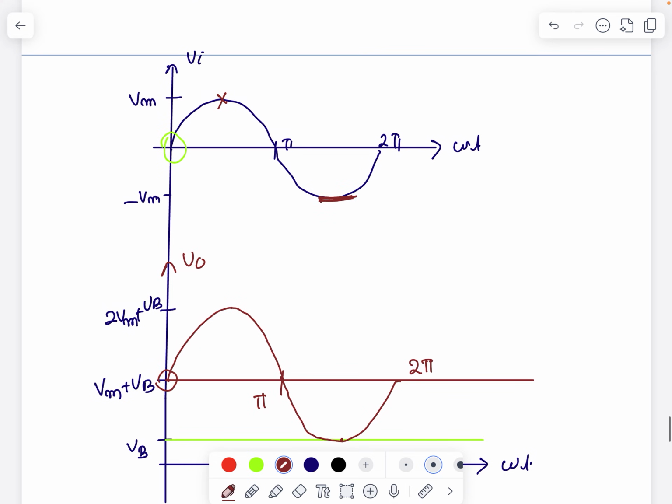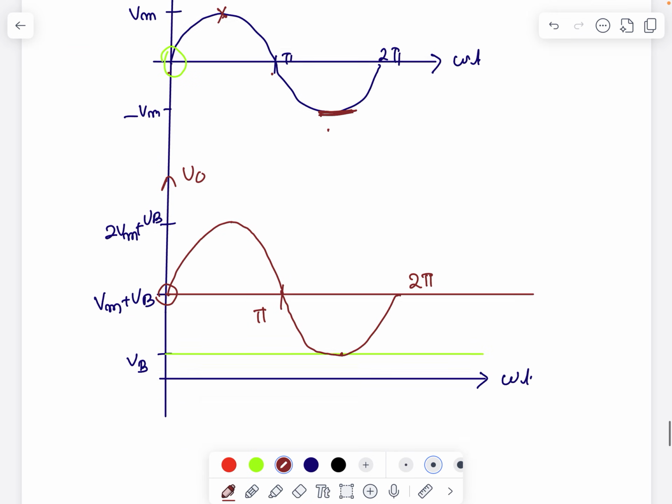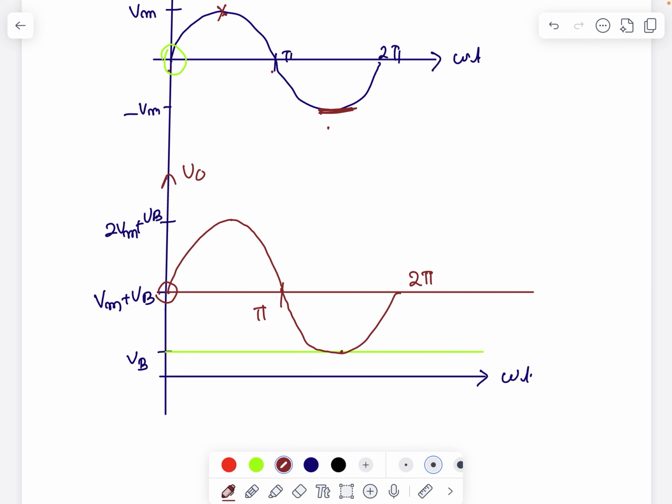So now you can see here the input voltage starting from 0 going to maximum voltage Vm, then coming back to 0, then minus Vm, then again 0. Same thing, we can see the output voltage is starting from Vm plus Vb, reaches 2 Vm plus Vb, again reaches Vm plus Vb. Then in the negative side, I'm getting the voltage Vb.